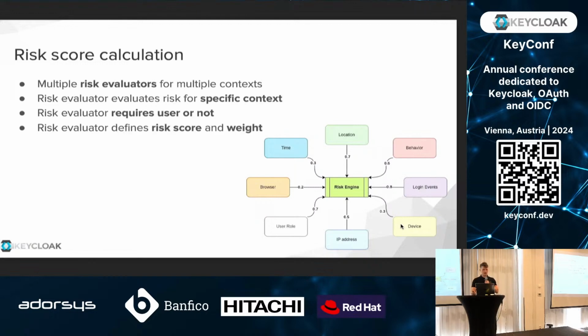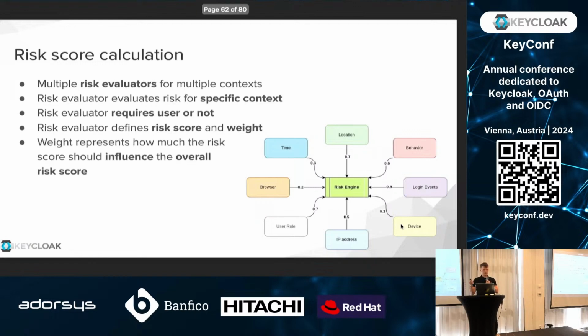The risk evaluator defines a risk score and additionally also a weight. The weight represents how much the risk score should influence the overall risk score. It means that in some evaluations we are more confident they are correct, or we calculated them properly, or just some of them are more important for us than the other ones. That's the role of the weight.